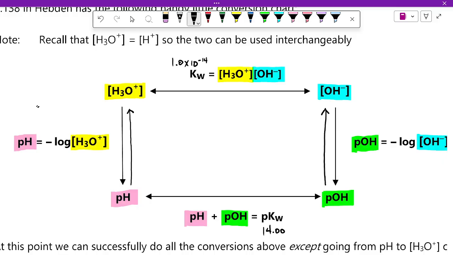Do you remember how to find the concentration of hydronium or hydrogen given the pH? You can't. You could go all the way around the loop, but that's an effort.